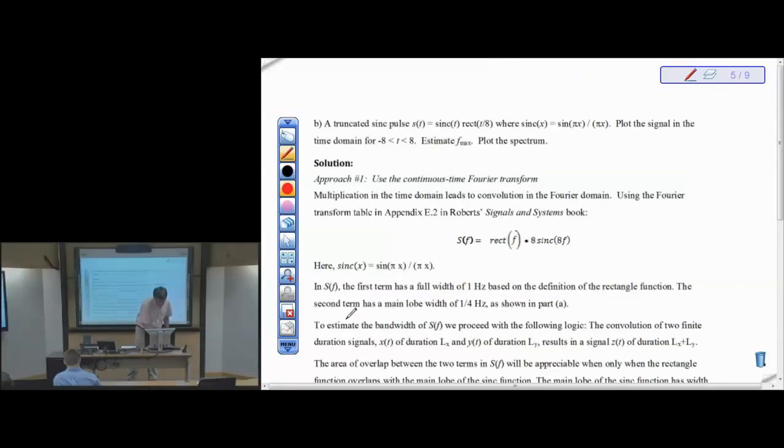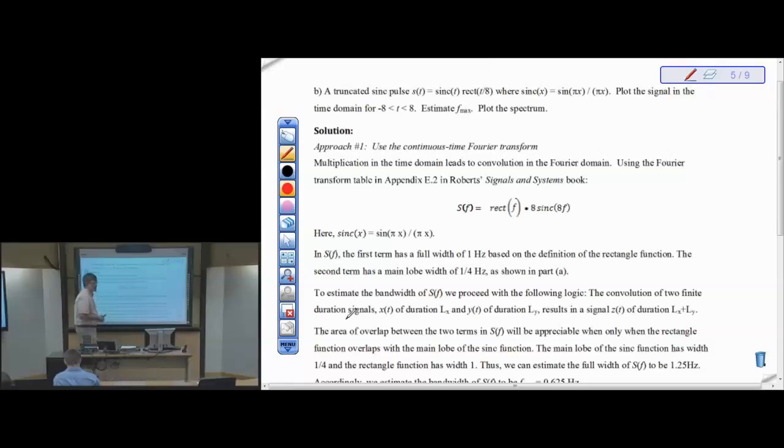All right. So for problem 2, it gets really hard to do this in closed form. In problem 2, I have a sinc pulse, really two-sided in theory, multiplied by a rectangular pulse to enforce the finite observation time over the range from minus 4 seconds to 4 seconds. Now, if I multiply in the time domain, I convolve in the Fourier domain.